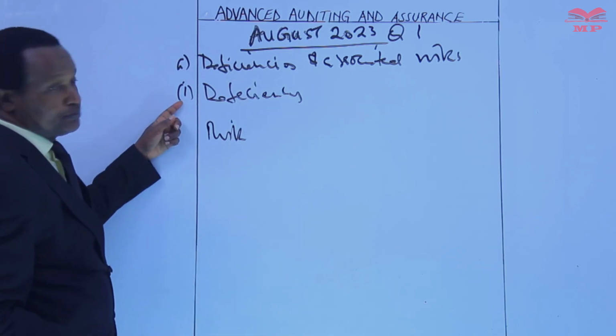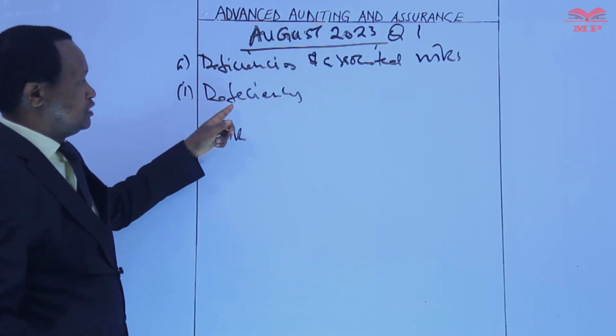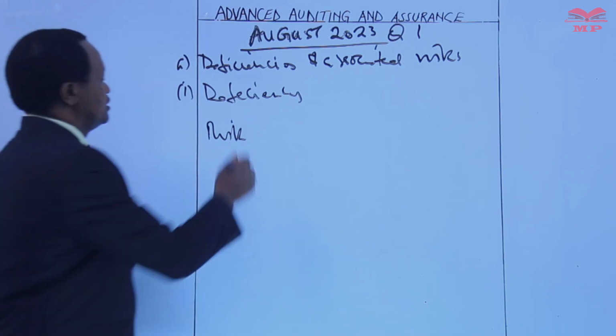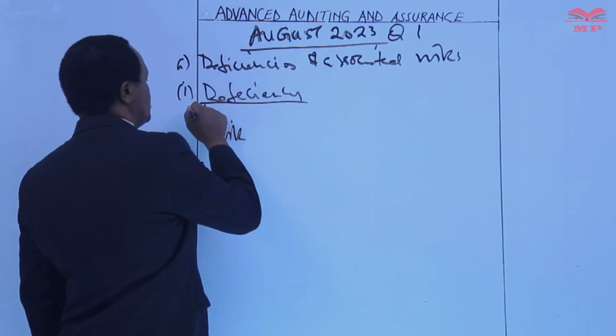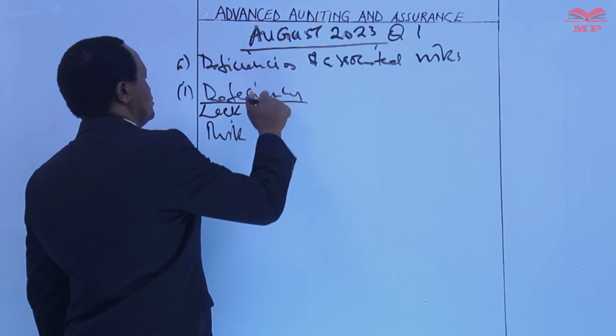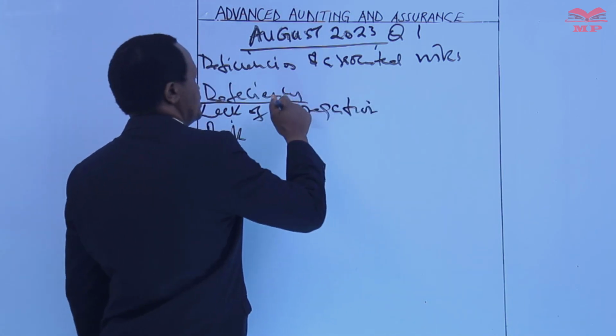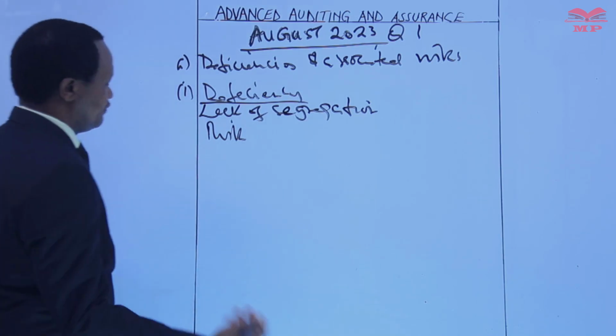So like in point 1, you should indicate the deficiency. Like Sue here says, lack of segregation of duties. That is a weakness or deficiency.